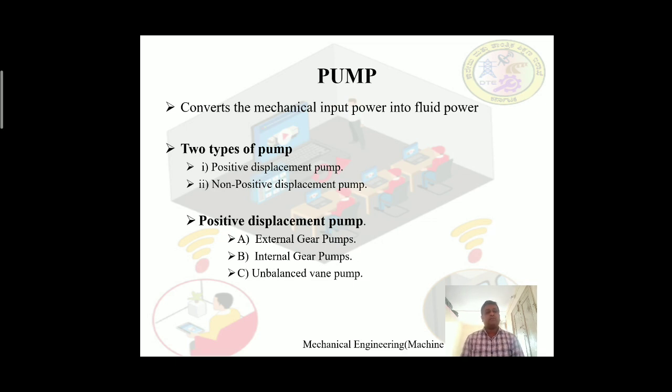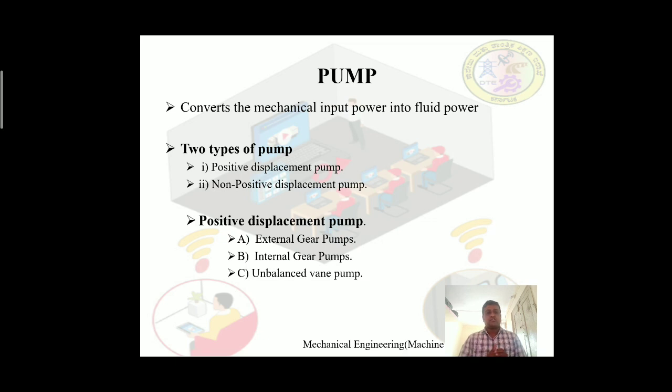Positive displacement pumps are used in hydrostatic systems. Non-positive displacement pumps are used in hydrodynamic systems, in which power transmission takes place due to the fluid motion. So based on the category, we use the types of pump.